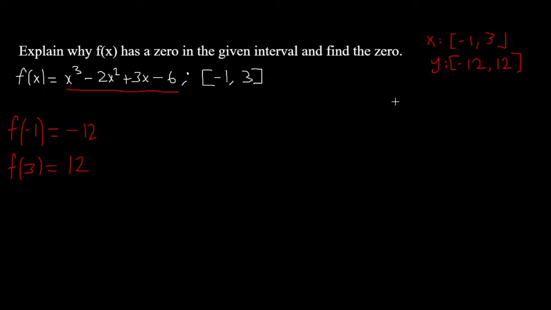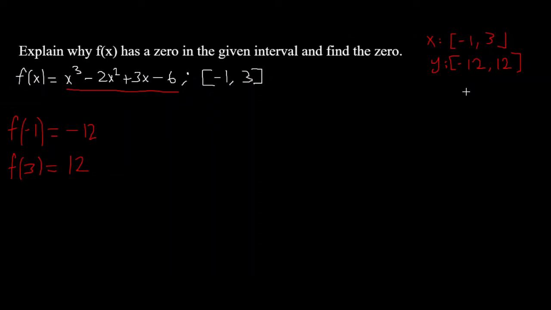Now we have to prove that there's a 0. So how can we prove that with the information given? Now according to the intermediate value theorem, a continuous function has to have a point in between our x values and our y values. So we have our y values of negative 12 and positive 12. 0 is in between those two numbers, and so in a continuous function, it has to hit 0 at some point as our y value.